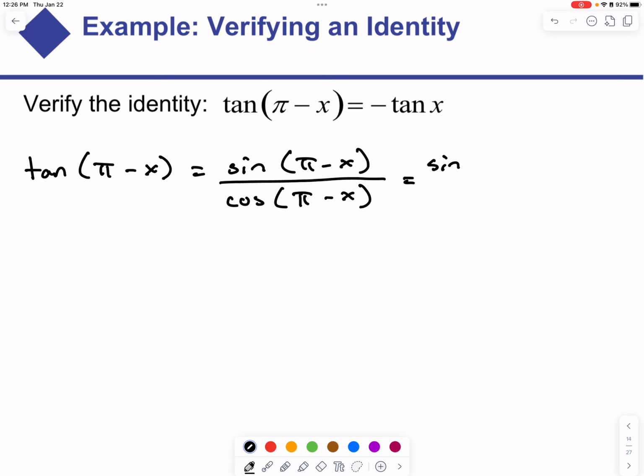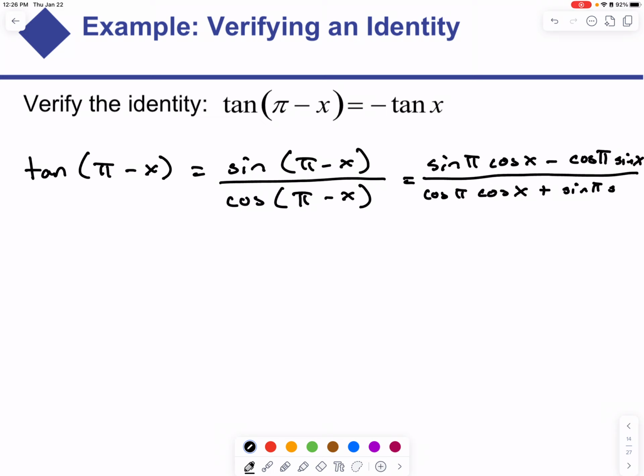The sine of pi times the cosine of x minus the cosine of pi times the sine of x, okay? And then the difference rule for cosine, this is going to be cosine pi cosine x plus sine pi sine x. Okay?